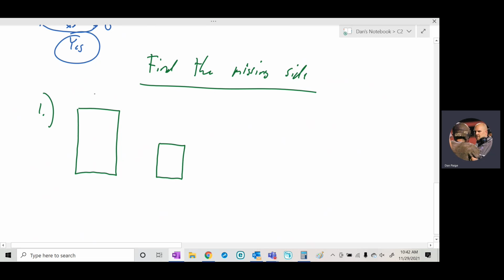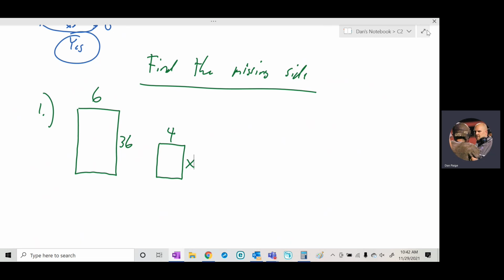This side is going to be 6. And this one is going to be 36. This one is going to be 4. And that will be X. You have to set up the proportion.